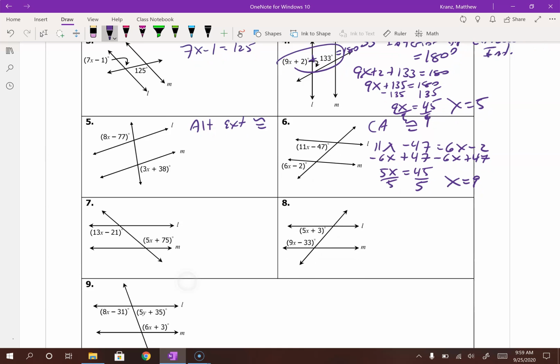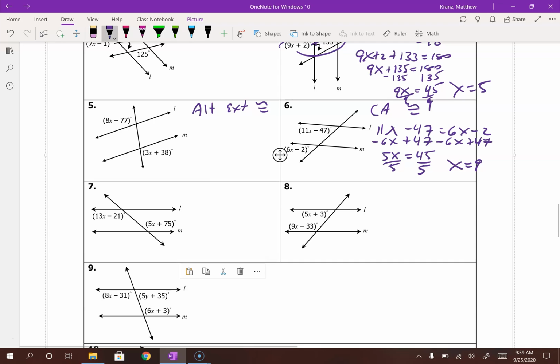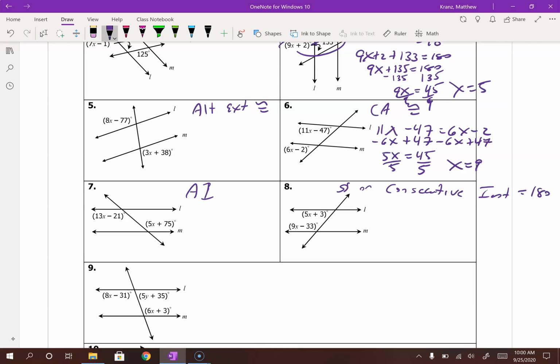All right, number 7, they are alternate interior. Number 8, these are the same side or consecutive interior. So they equal 180. So that means 5x plus 3 plus 9x minus 33 equals 180.